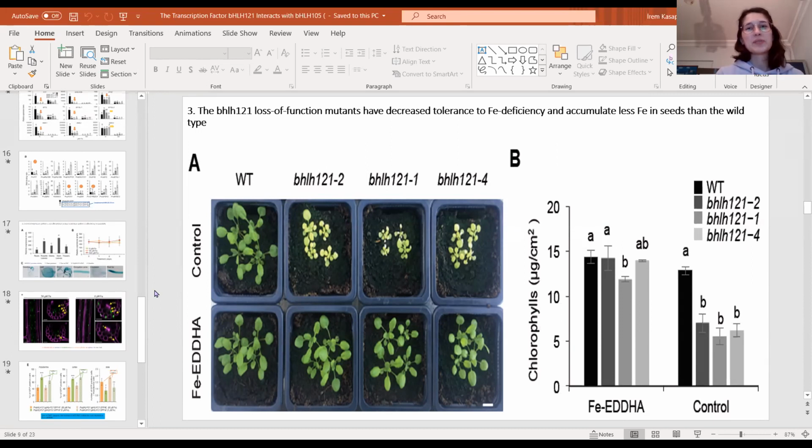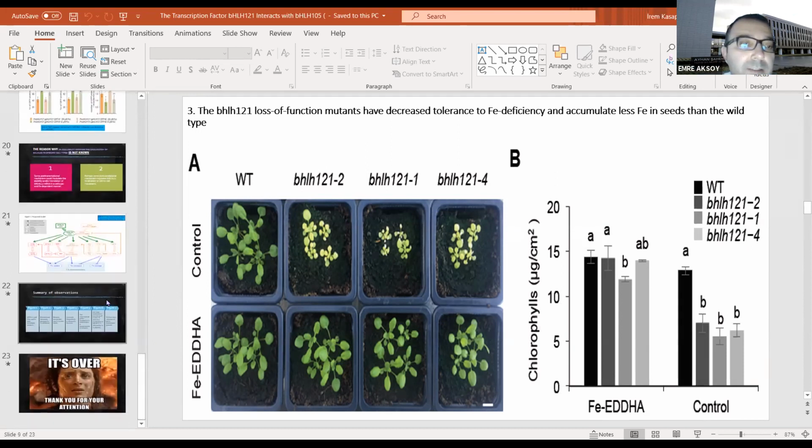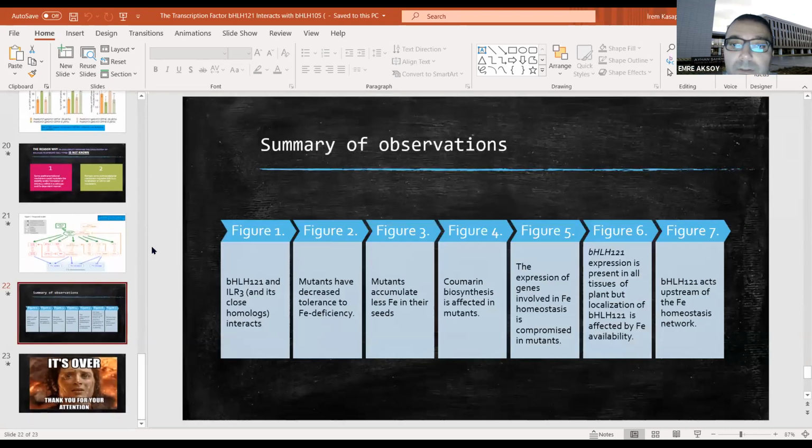Yes. Hocam, Emre hocam, do you have any other feedback? Nothing negative. I think your last summary slide, I really like that. It is really summarizing each individual figure, and I would, for instance, put a final summary at the bottom of this slide.